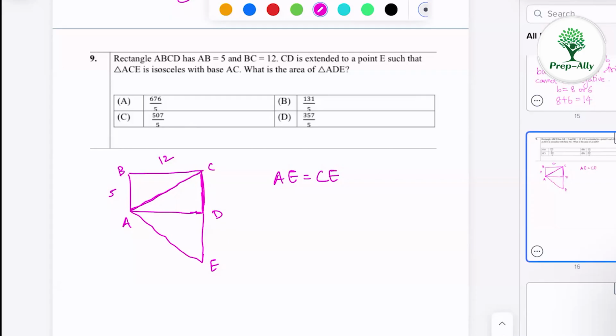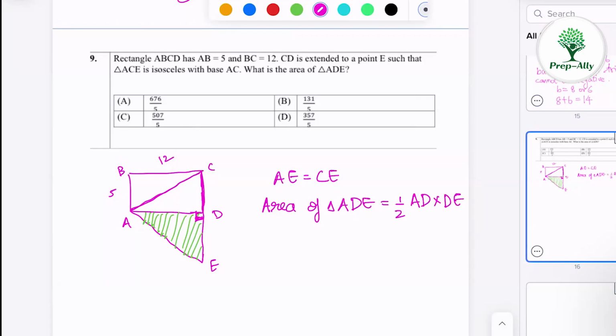Now, what are we asked? We're being asked what the area of ADE is. So this triangle. This is the area we're being asked. So this is a right angle triangle, right? So area of triangle ADE is half into AD into DE.